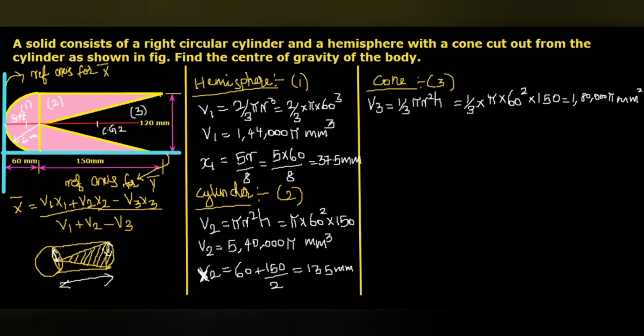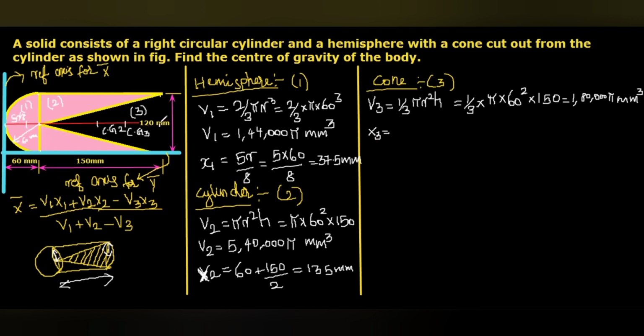And guys, here you can substitute the value of pi, 22 by 7 or 3.14. Then we can multiply this also for further simplification, but it will be large. That's why I keep in terms of pi. Then x3. We know that the CG3, center of gravity of the cone, will be from this point.